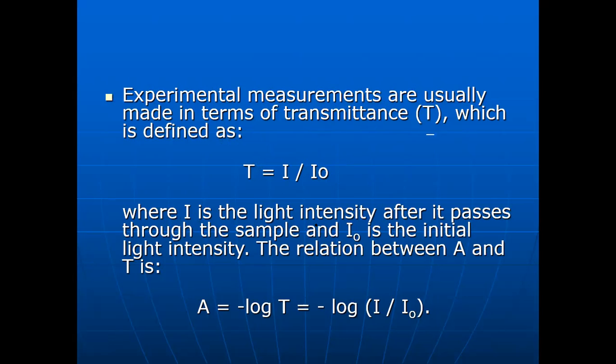I is the light intensity after it passes through the sample, and I naught is the initial light intensity. The relationship between absorbance and transmittance is A equals minus log T, which is minus log of I by I naught.